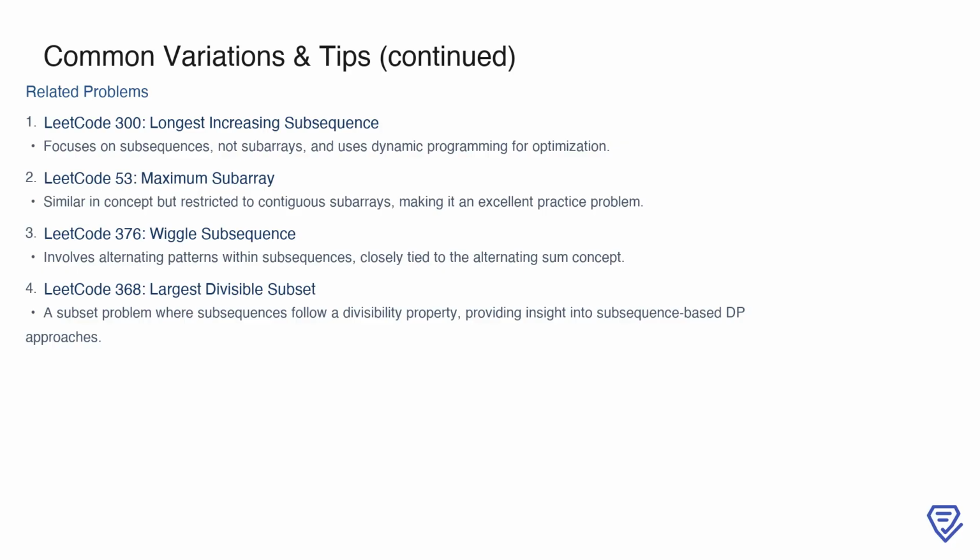While this problem restricts the scope to subarrays, it shares conceptual similarities and is a great way to practice optimization techniques. LeetCode 376, which focuses on wiggle subsequences, directly relates to alternating patterns within subsequences and is closely tied to the alternating sum concept.